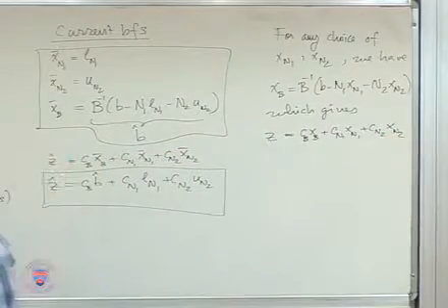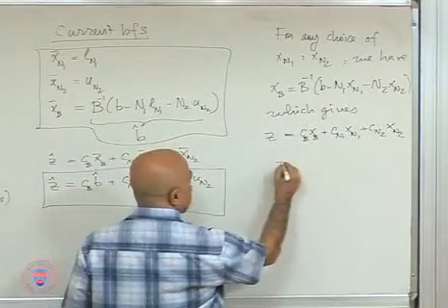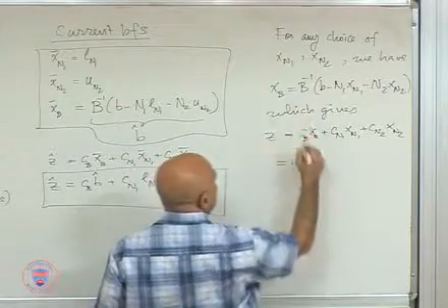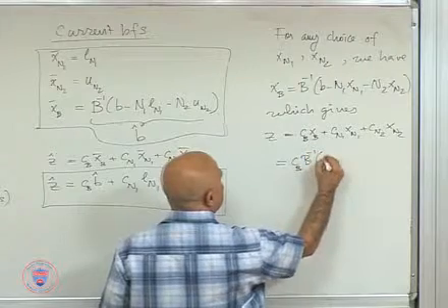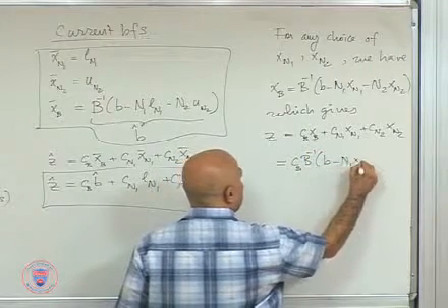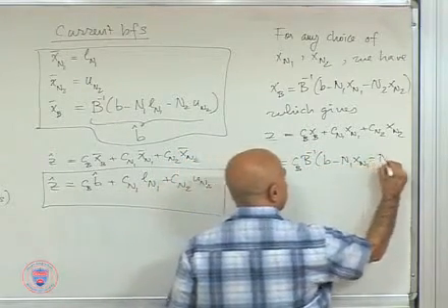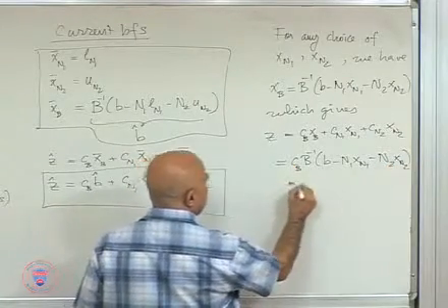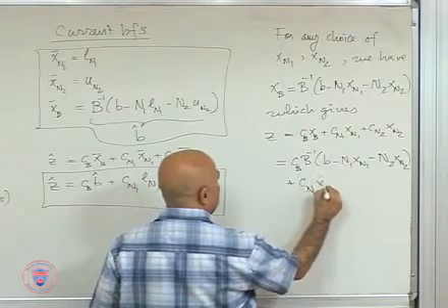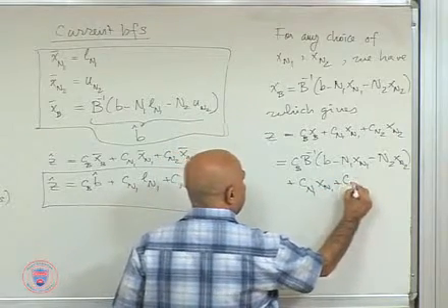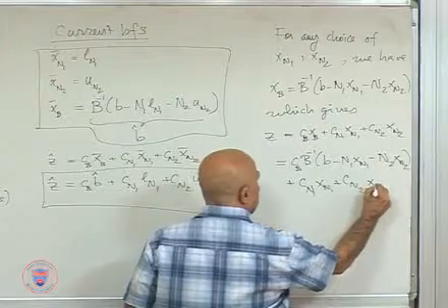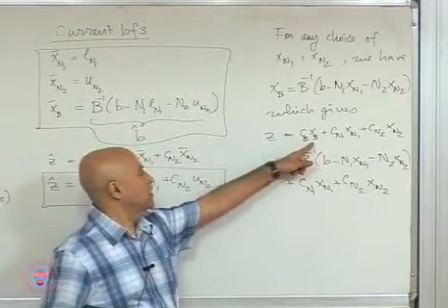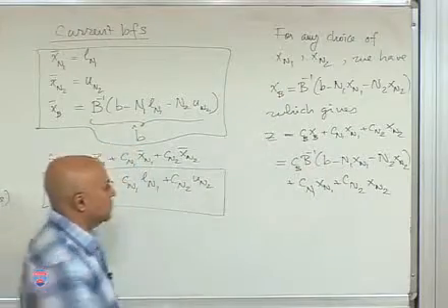That would be the objective value, which upon simplification will give the following: CB times B inverse into b minus N1 xN1 minus N2 xN2 plus CN1 xN1 plus CN2 xN2. I simply copied xB, nothing else.